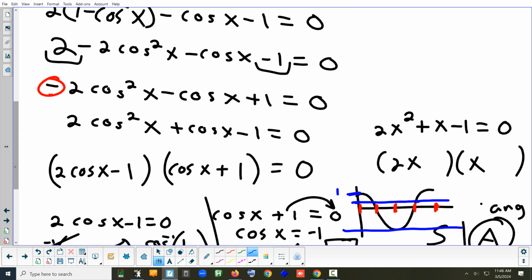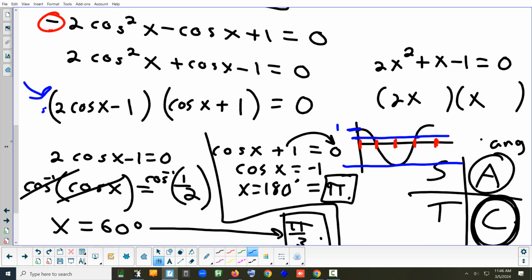Another level easier than that is they factor it for you. So they start you at this step. And then one level even easier, they take each factor and they already set them equal to 0 for you. That's pretty much almost the easiest kind of problem, because they start you at this step.